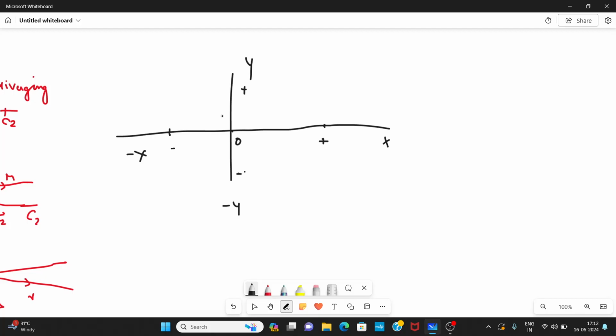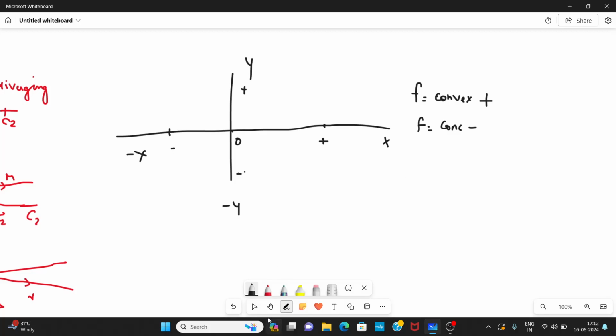The only thing that differs, the only added thing here, is that according to the convention, the focal length of a convex lens is positive and that of a concave lens is negative.